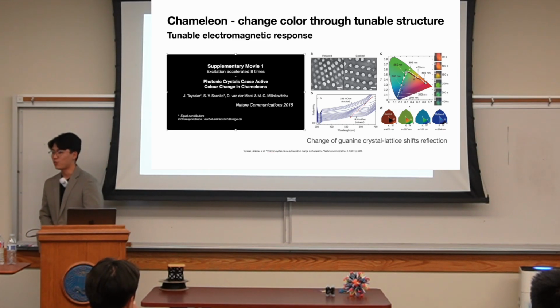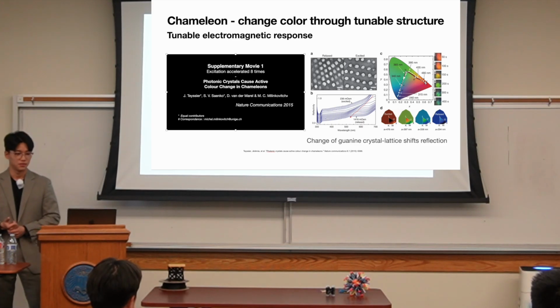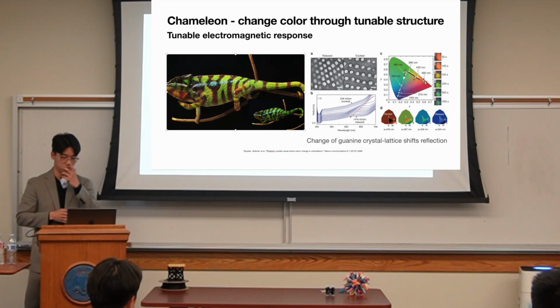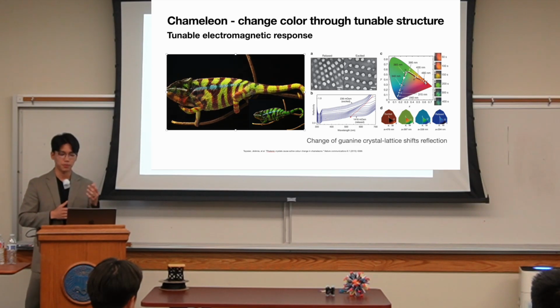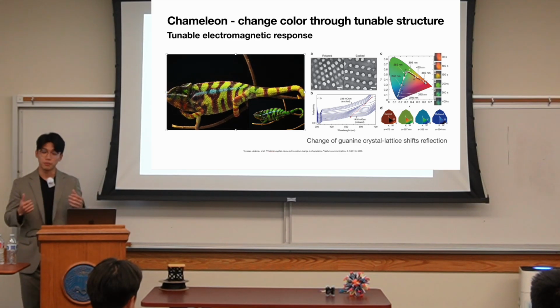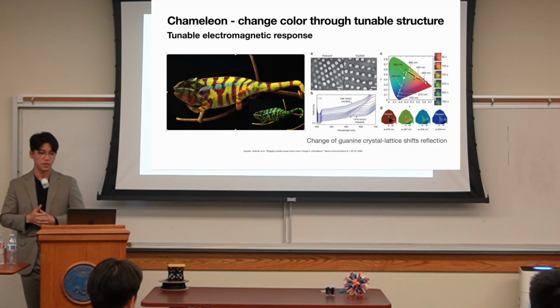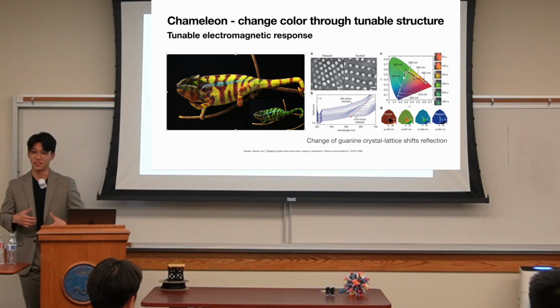The chameleon is an animal well known to change colors. This is an example of a study published in Nature Communications, where a chameleon is able to change its color from red to green, depending on if it's excited or not.